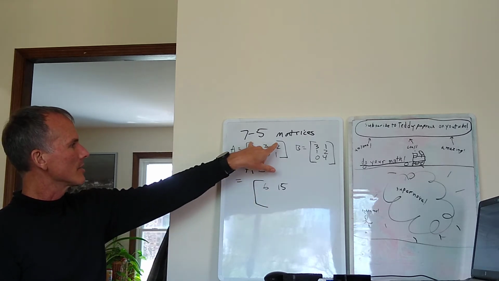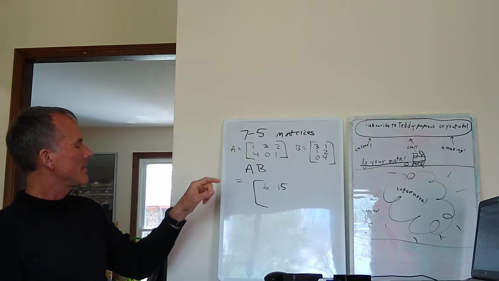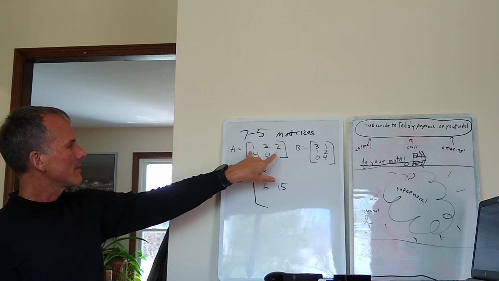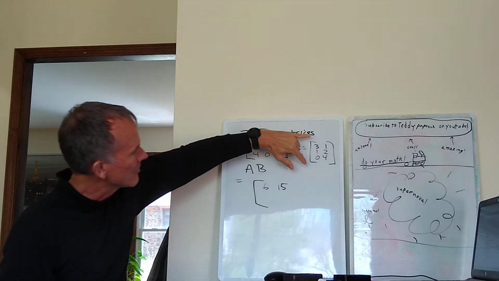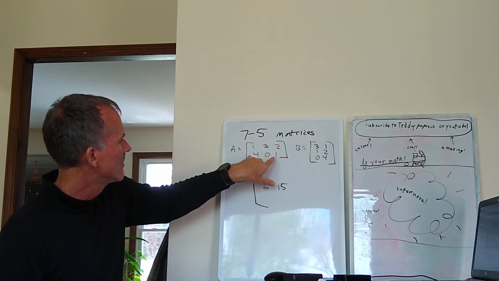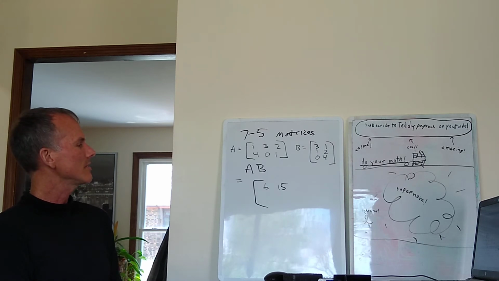I've taken this row times this column and this row times this column. Now, to get this element down here, I'm going to take the bottom row times the left column. And then to get the element down here, I'll take the bottom row times the right column. So let's do the bottom row times the left column first.